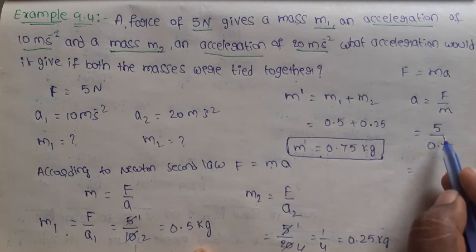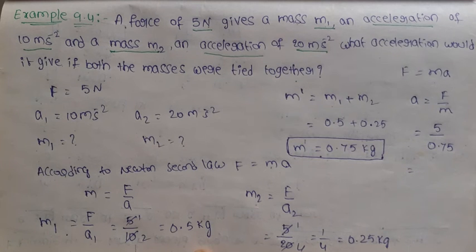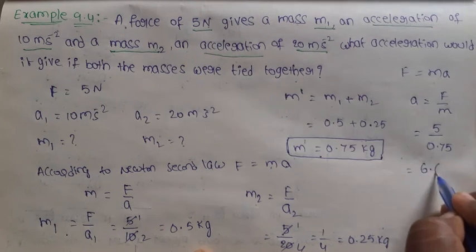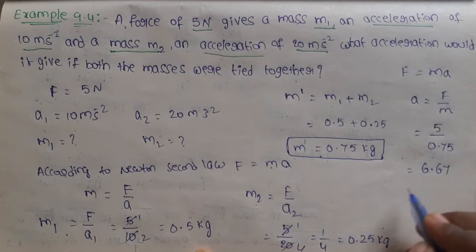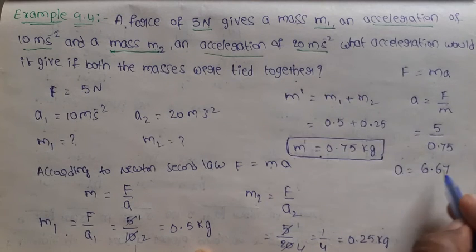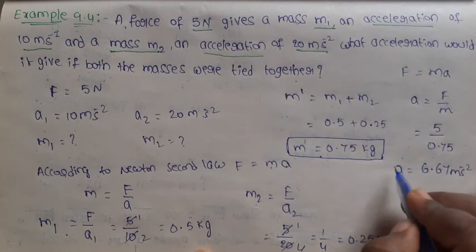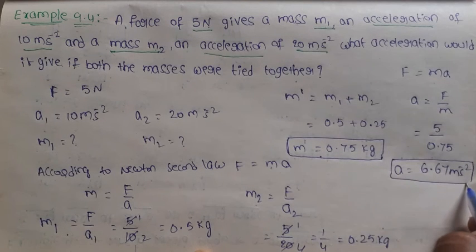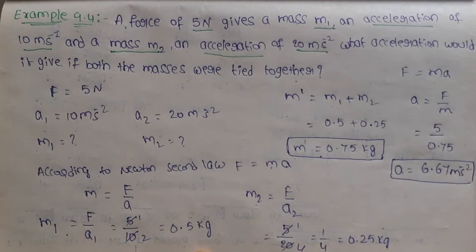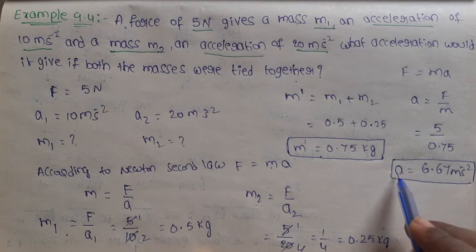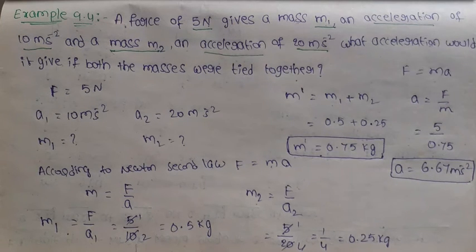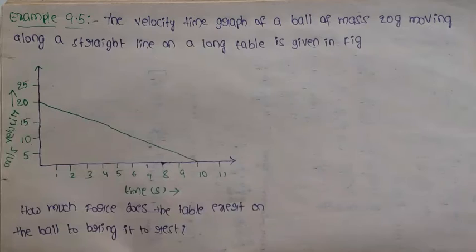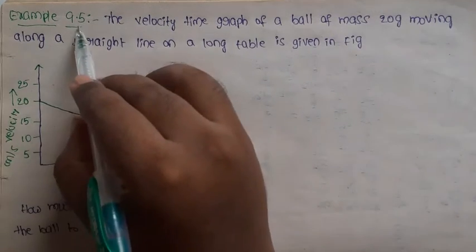So calculate here 5 by 0.75, 6.67. What is the unit of the acceleration? Meter second power minus 2. This is the acceleration when two masses were tied together, the acceleration will be increased. This is the answer.